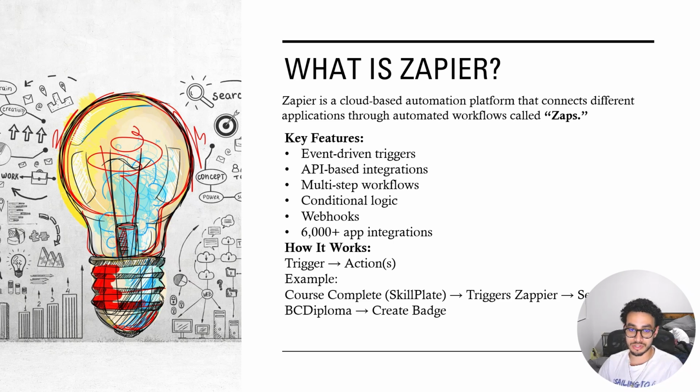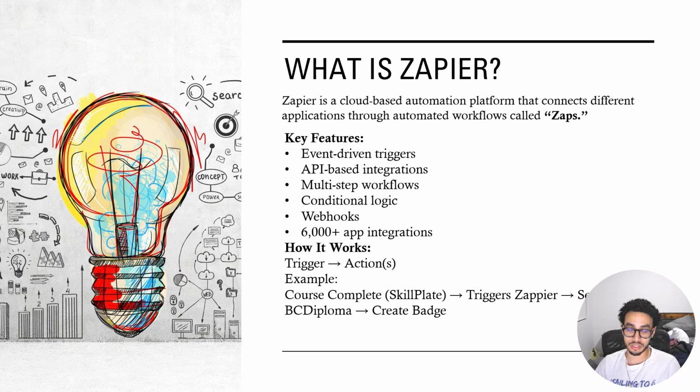So how it works. For example, for my project, the sponsor has some coursework on a website called SkillPlate. When someone logs in and finishes a specific course, it triggers Zapier.